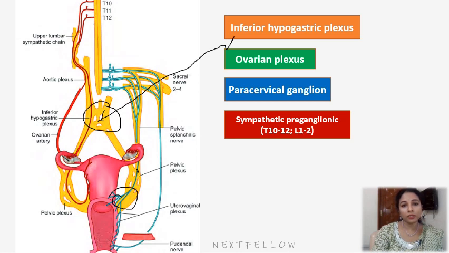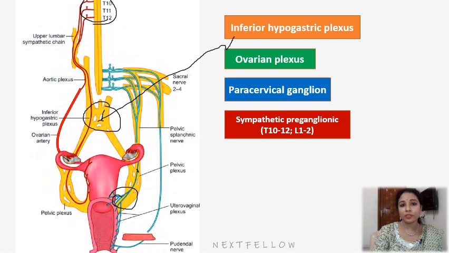You can see the preganglionic fibers from T10 to T12 and also L1 and L2 give rise to sympathetic preganglionic efferent fibers. They are the last thoracic and first lumbar spinal segments, which synapse on the postganglionic neurons in the superior and inferior hypogastric plexus.